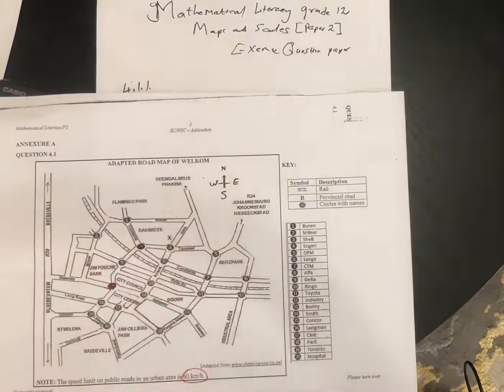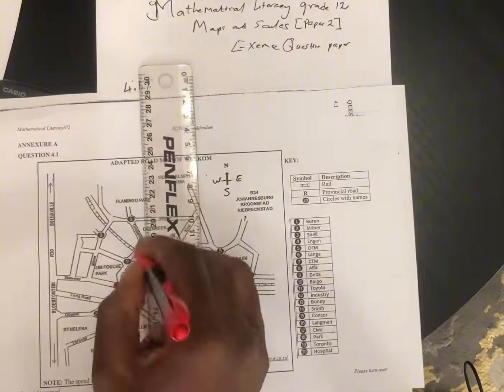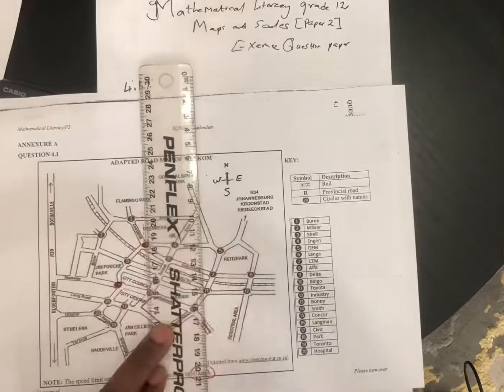So you must not forget, they are saying from Shell, it means that we are looking for this direction from Shell. We go to Shell. You have your imaginary compass direction at Shell.